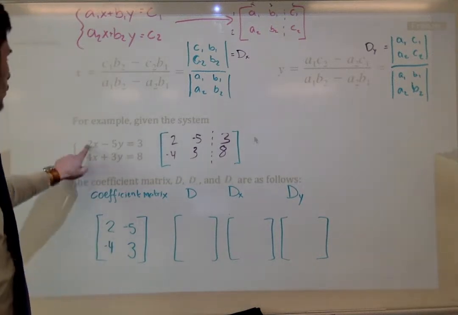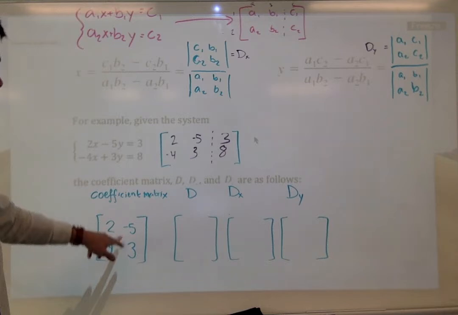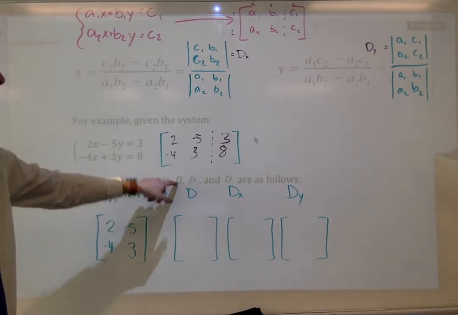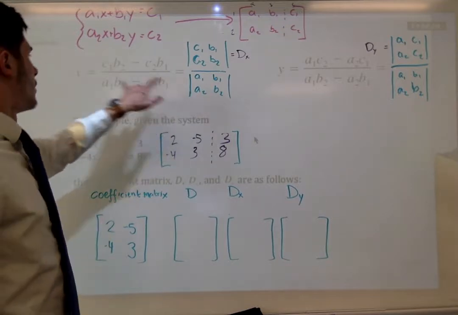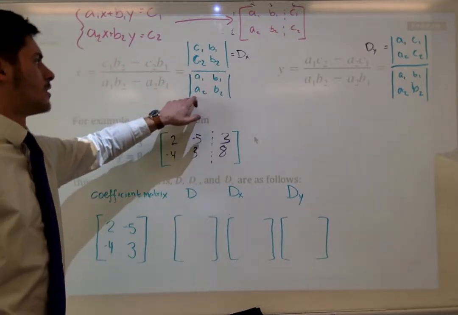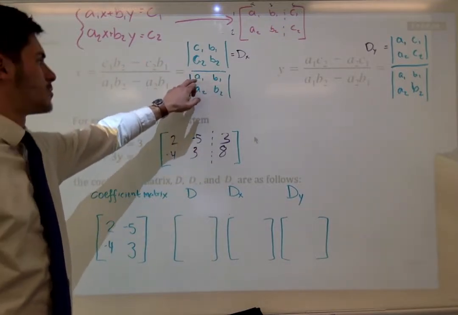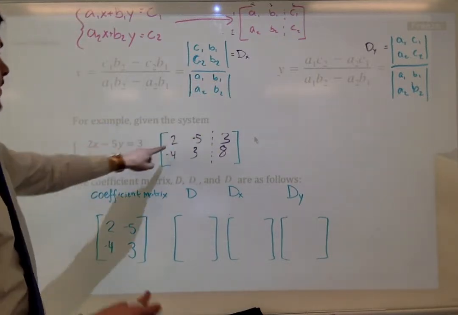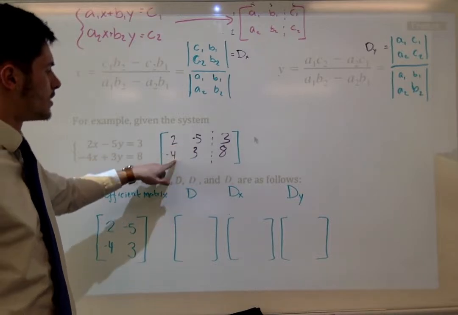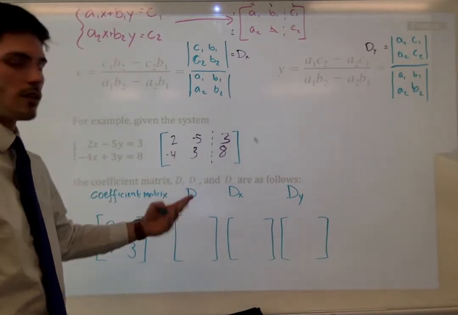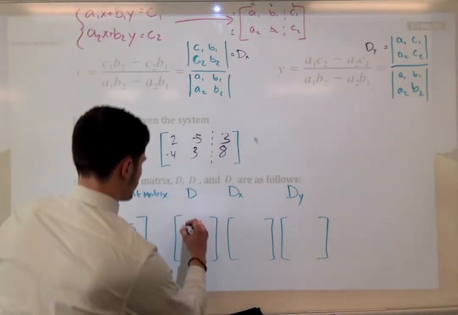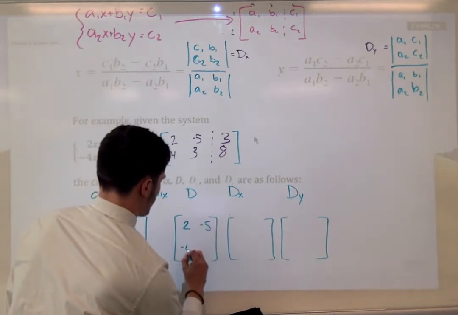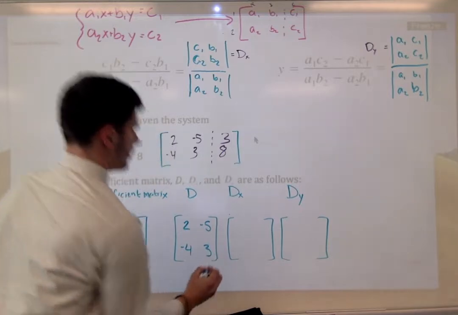So we've got 2, -5, -4, and 3 as our coefficient matrix. And so the thing that will go in the denominator when we find the solution is going to be the same thing. It's just going to be A1, B1, A2, B2. So let's put it in the denominator matrix. So we've got 2, -5, -4, and 3 again.